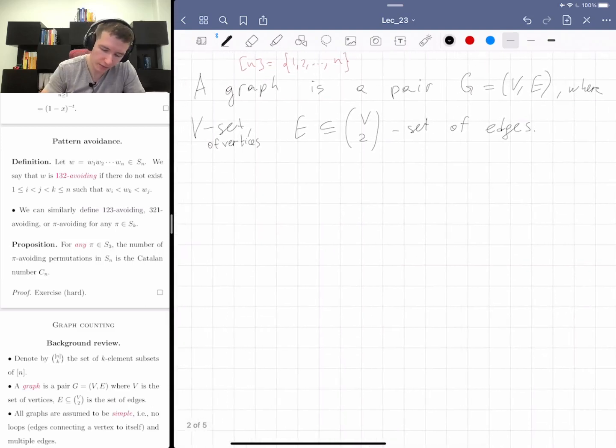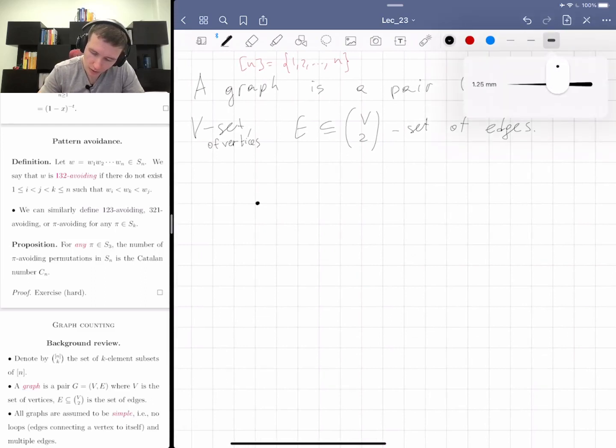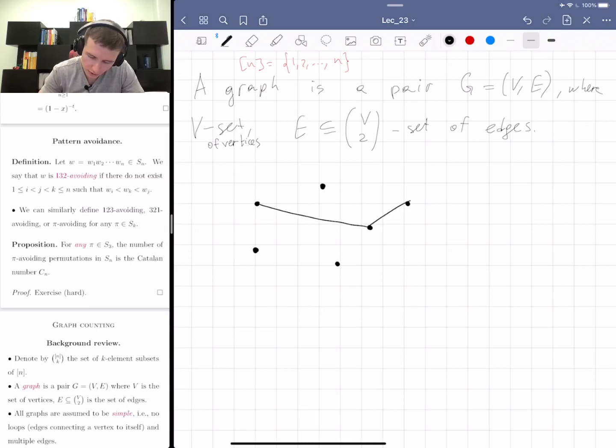a simple graph. So let me draw an example of a graph. You draw some set of vertices, and then you draw some edges between these vertices. So here's an example of a graph.